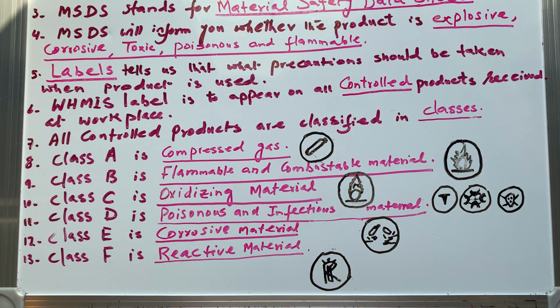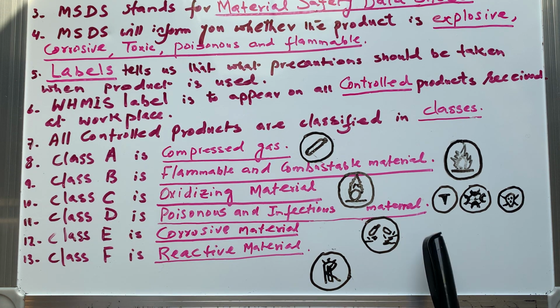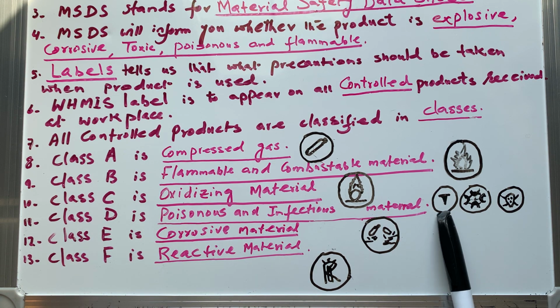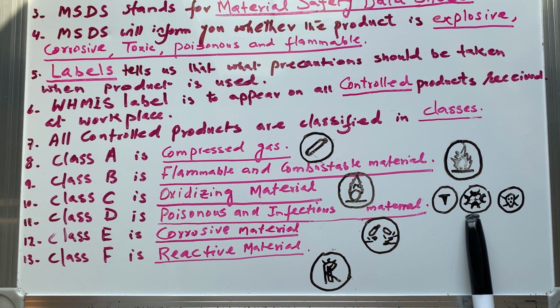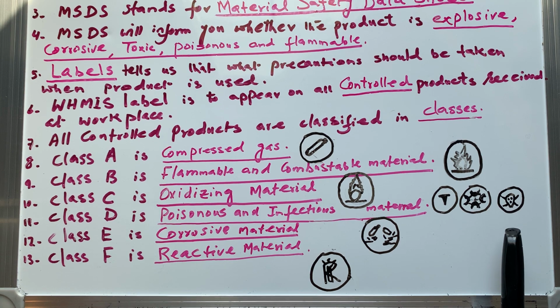When we say poisonous and infectious material, there are 3 subclasses: Division 1, Division 2, Division 3. We will deal with these symbols in detail.